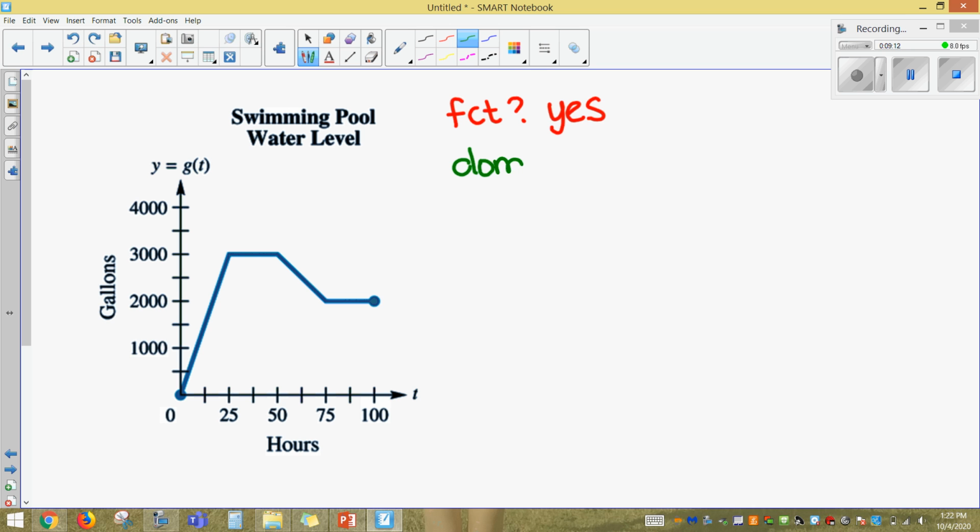If we want the domain of this function, it looks like the left end of my graph is 0. I'm going to touch everything from 0 up to 100. For the range, the lowest point on my graph also looks like it is a 0. Here's my 0, 0 right here.